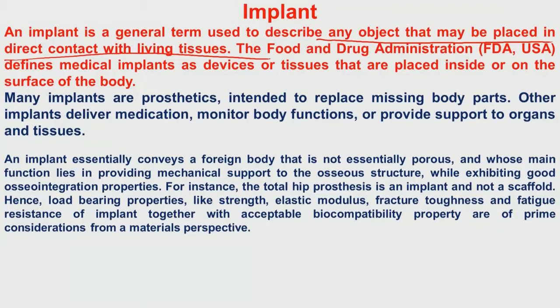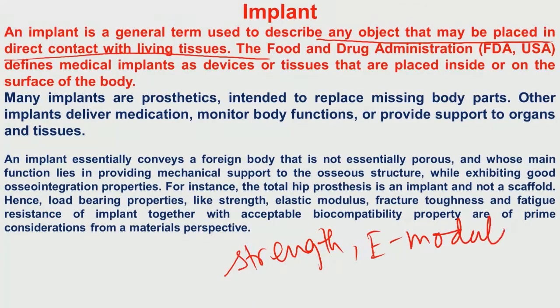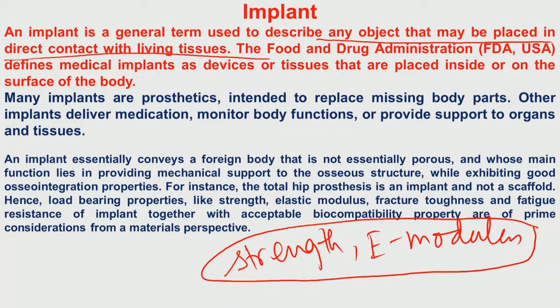For implants, mechanical properties like strength and elastic modulus are of more importance. But one thing I must reiterate here is that implants must have uncompromised biocompatibility. That means biocompatibility is equally important as strength and elastic modulus.